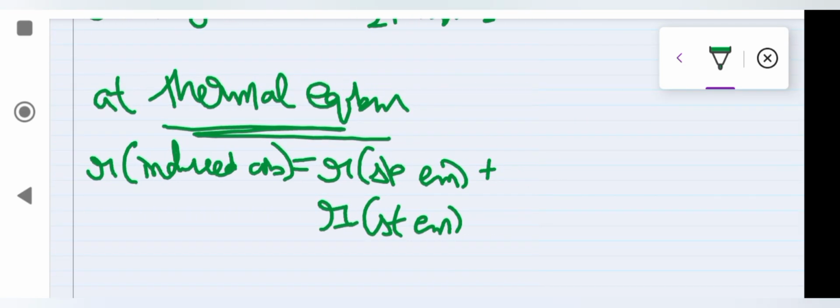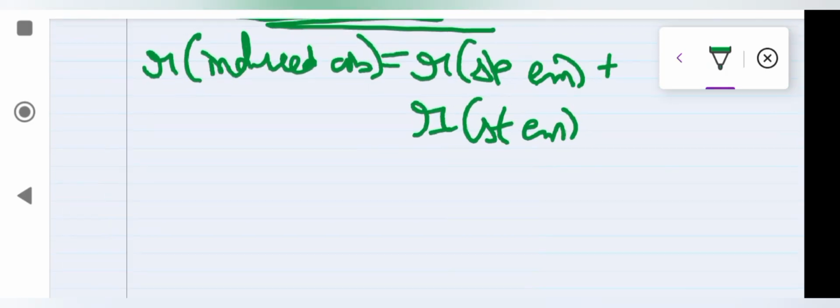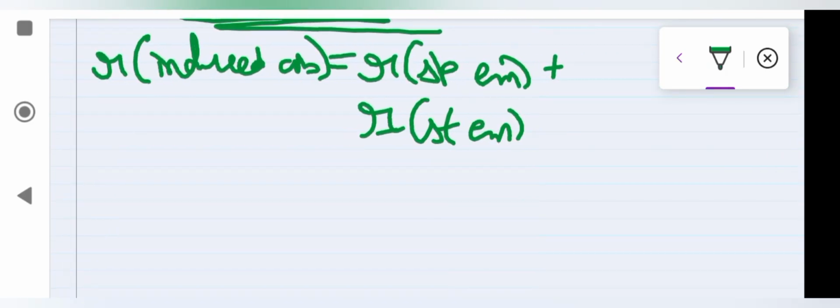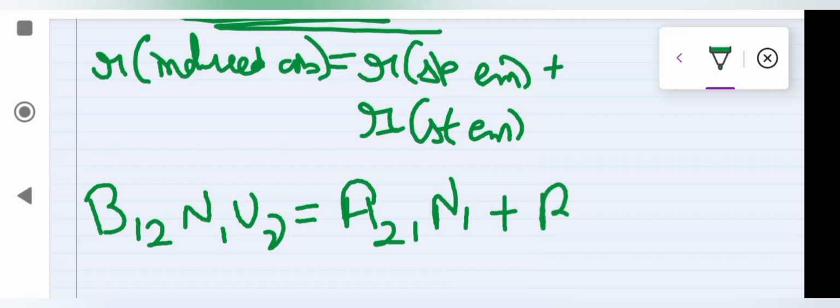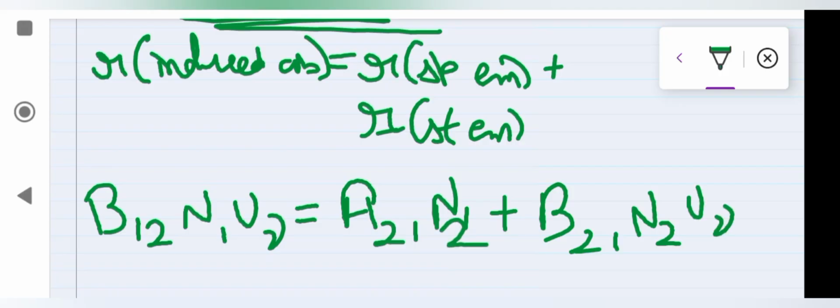So we will write it in terms of these: rate of induced absorption, B12 N1 U nu, equals rate of spontaneous emission, A21 N2, plus rate of stimulated emission, B21 N2 U nu.